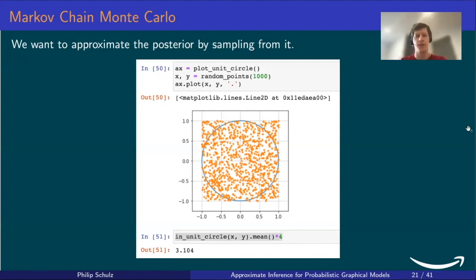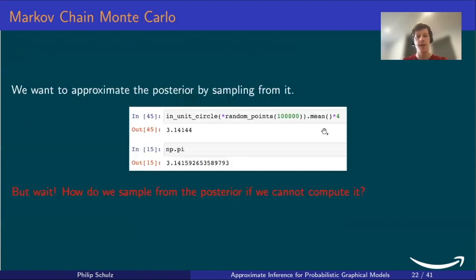Still not exactly great. So let's draw 100,000 samples instead. And I'm going to warn you, I don't have a picture for the 100,000 samples because all you'd see is orange, right? So the circle would be completely overwhelmed by the dots that we're drawing from the square. But basically, if we draw 100,000 samples, our approximation to pi is this here. And then if we look at the exact number of pi, we're pretty close.